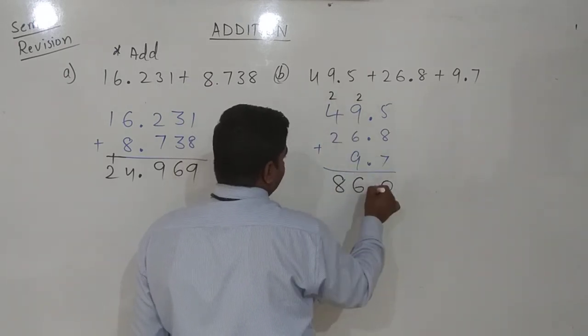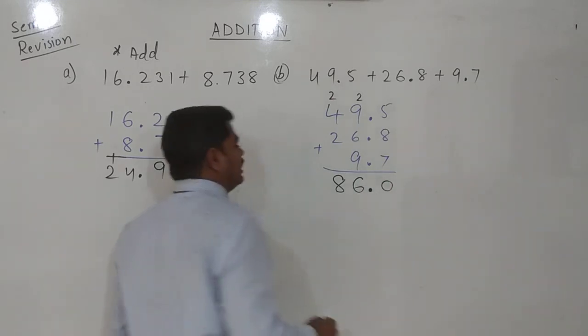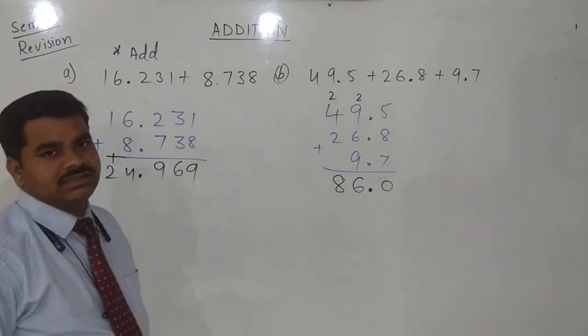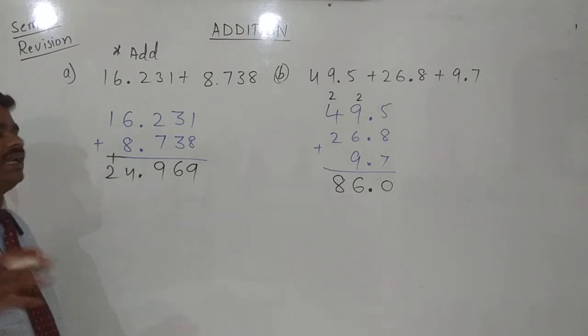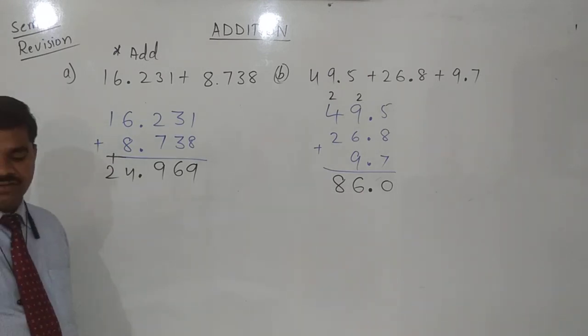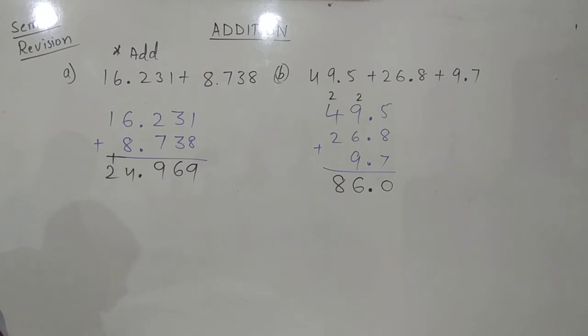The decimal point. Then 86.0. The sum is 86.0. Whatever the addends, 2, 3, 4, 5, we can write them according to their place value. Place value means it should be one below the other. Then we can find the sum very easily.